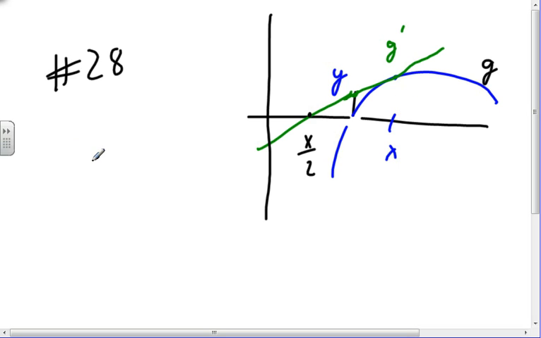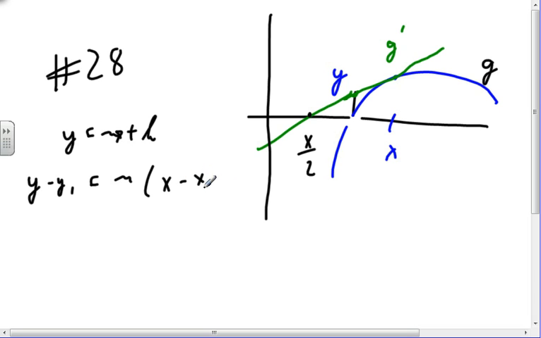We have the thing that's y equals mx plus b, right? But then we have the other one that says y minus y1 is equal to the slope times x minus x1, the point-slope form.